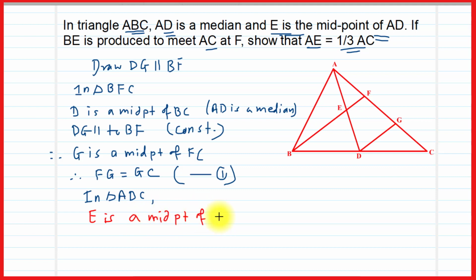And since DG is parallel to BF, EF is also parallel to DG by construction.